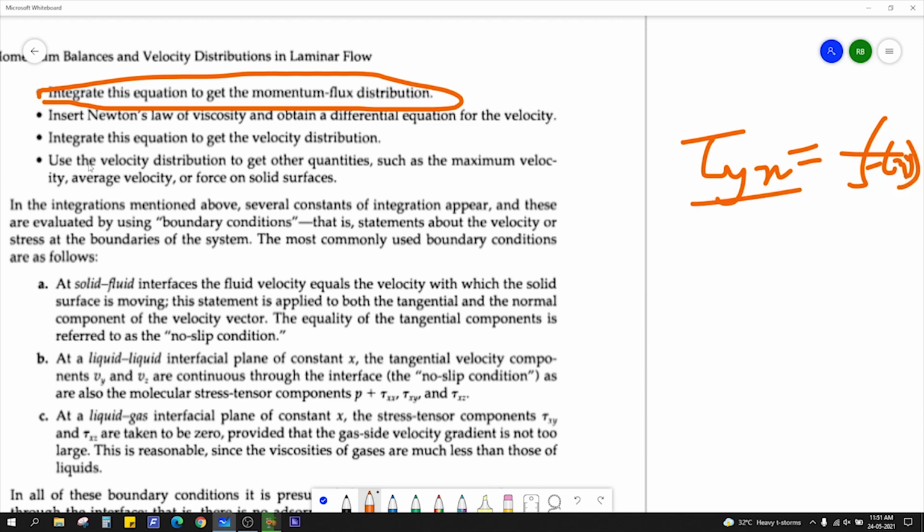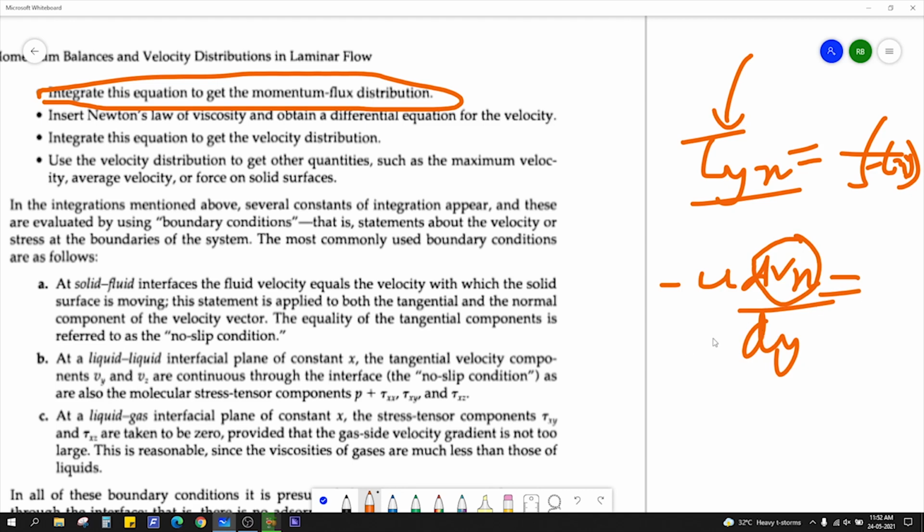Now you have to insert Newton's law of viscosity. If you insert Newton's law of viscosity, you will get something like this, so you can get the velocity profile, right? You just integrate it again, so you will get vx as a function of something, and some constants, right? So you'll get the velocity distribution if you integrate this.